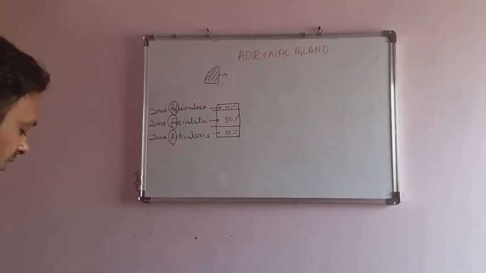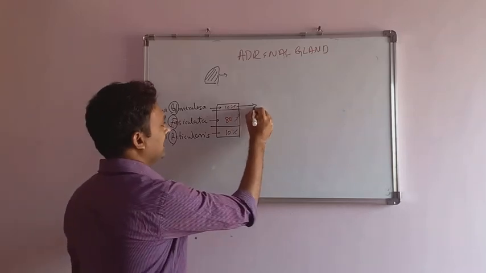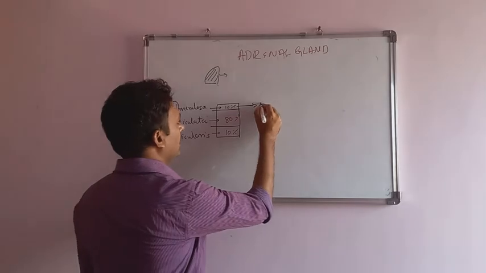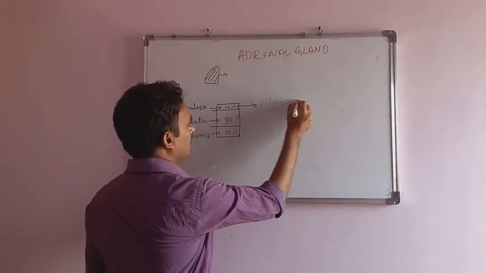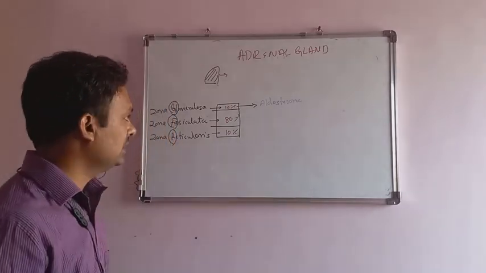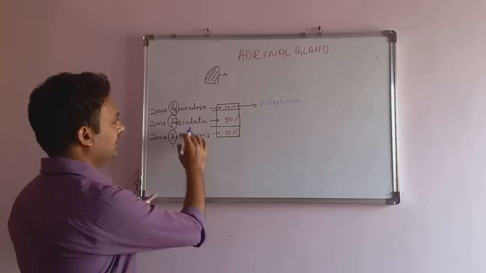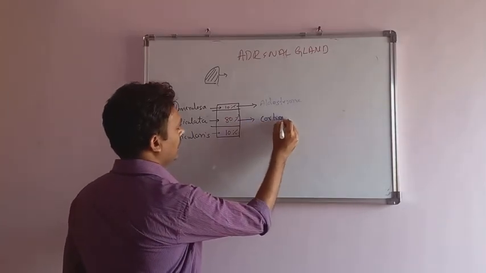So what is the major function of each? Zona glomerulosa mainly secretes aldosterone. Zona fasciculata mainly secretes cortisol.